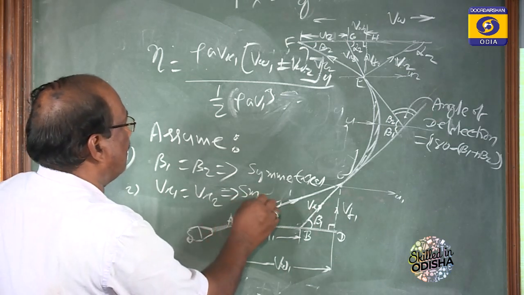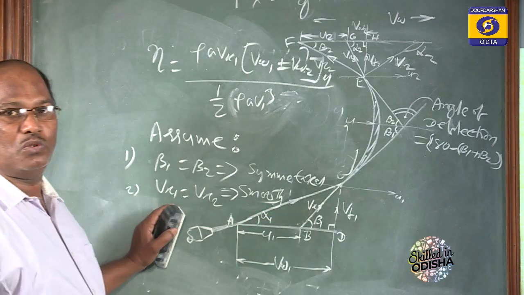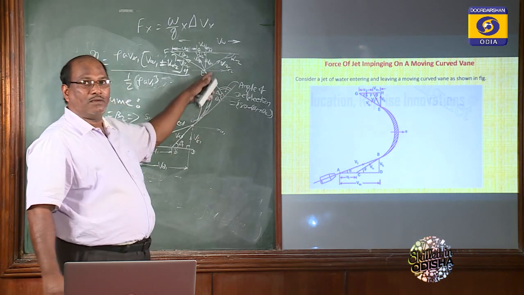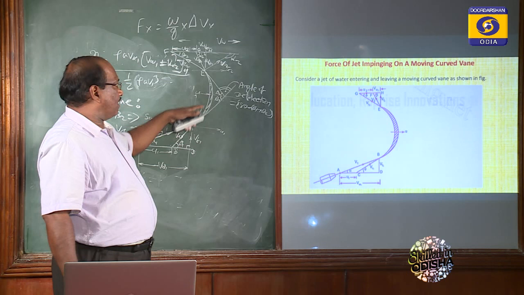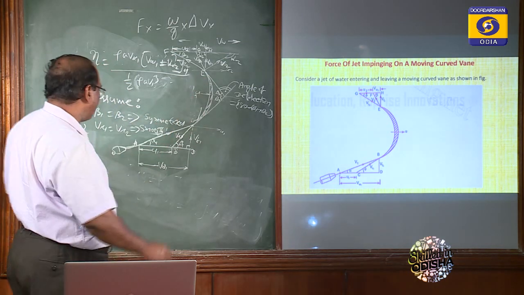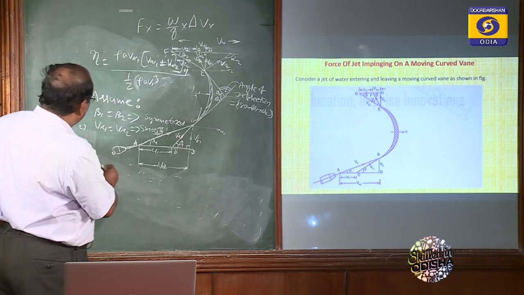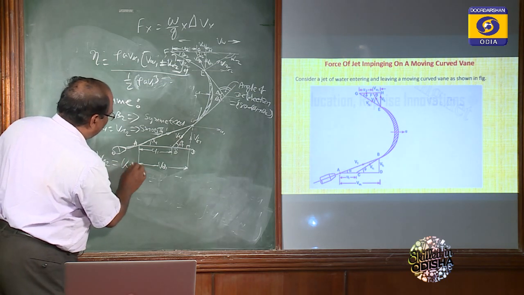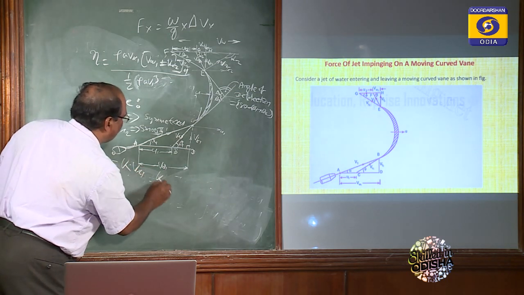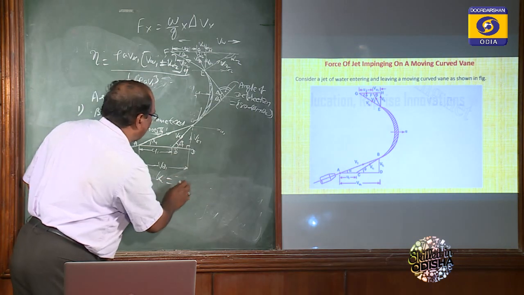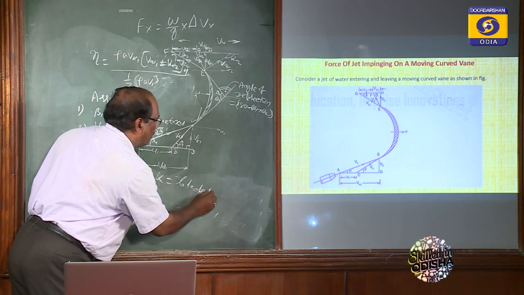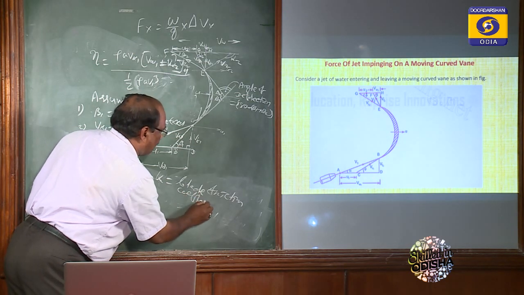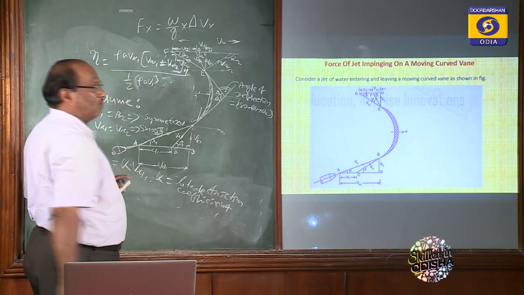If the blades are rough, and in practice the blades are not always smooth, because after running of the blades for some period the inner surface will become rough, then the third condition is VR2 equal to K into VR1, where K equals the blade friction coefficient.